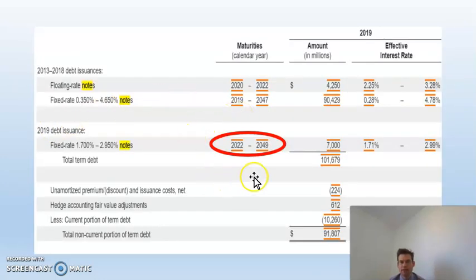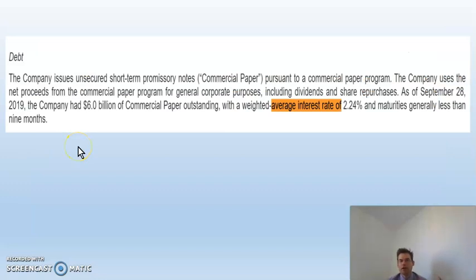In the case of Apple, you can see that their maturities extend out until 2049. So it's really long-term dated debt. That's really excellent. Type in Control F and try to figure out what the interest rate is. Apple is AAA rated, so the interest rate on most of its debt averages out at 2.2%.